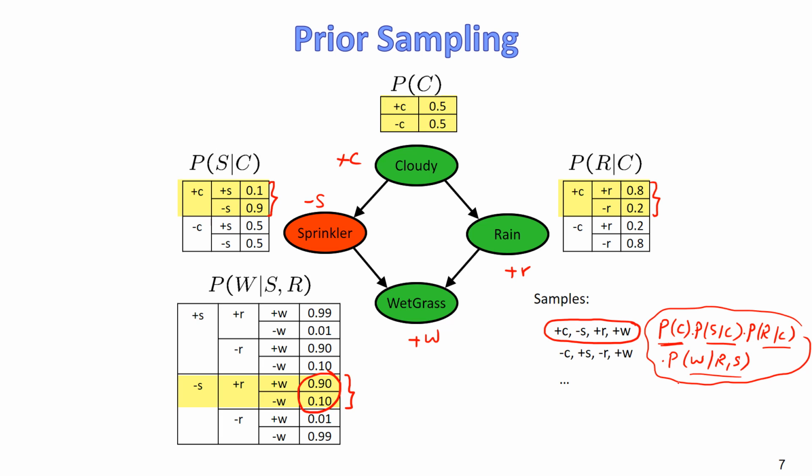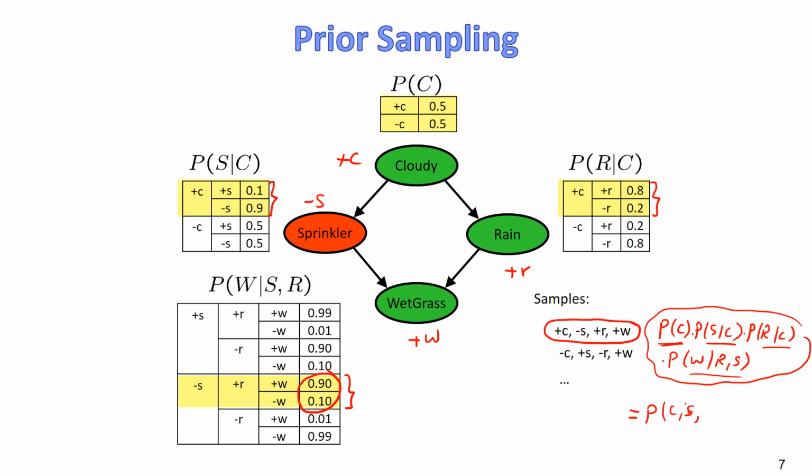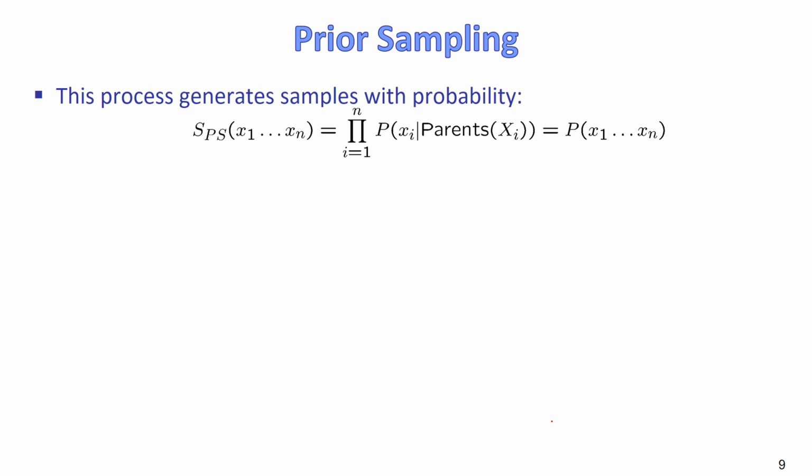What is this probability? This is the joint probability of that sample. So that's the joint probability of C, S, R, and W. And that's what we have here.